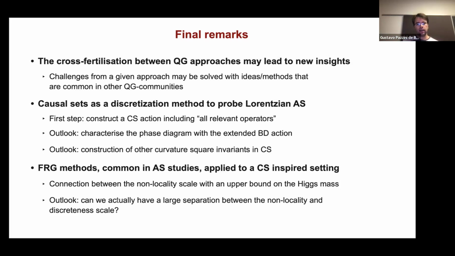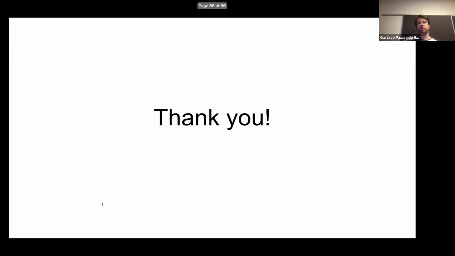One outlook and question that I would like to emphasize is whether we can actually have a large separation between the non-locality scale and the discreteness scale in causal sets, because our result points to no, perhaps it's not possible. And this would have quite strong implications for how the causal set d'Alembertian is implemented in practice. With this, I would like to thank you all for the attention.